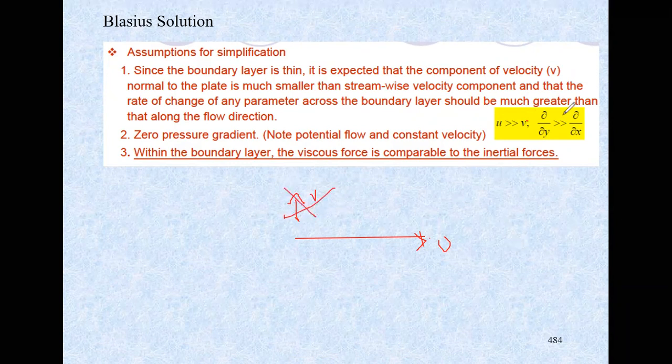For the velocity distribution, of course, we could have u variation along the x direction, but again, we ignore that. Only the u variation along the y direction. So these are the assumptions, with zero pressure gradient, and the viscous force is comparable to the inertial force.